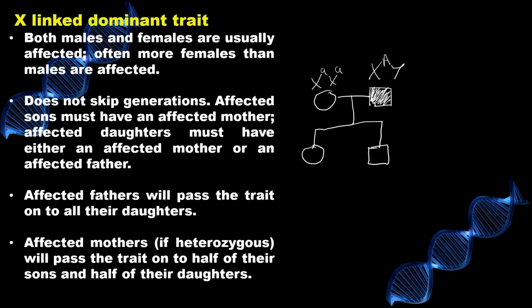Here there is no chance for the male to be affected because his mother is unaffected, so he gets a recessive X chromosome from mother and a Y chromosome from father. But here the girl will be affected because she gets a dominant X chromosome from father and a recessive X chromosome from mother. As the dominant X chromosome dominates the recessive one, the girl child will be affected.